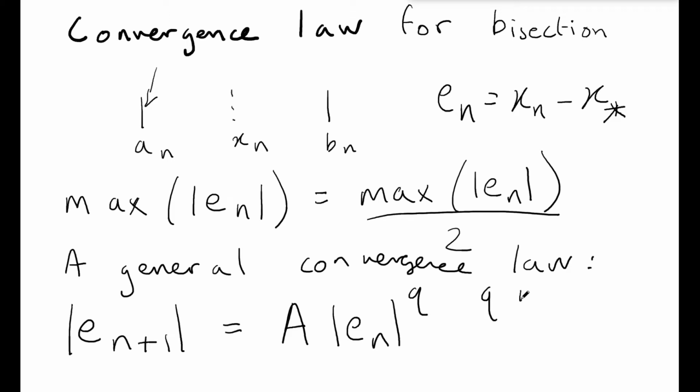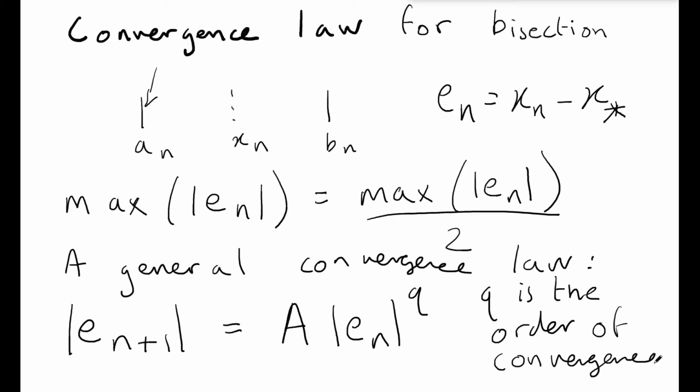And q is the order of convergence, right? The key idea, and why it's important, is the greater q is, the faster convergence is. If we compare with this law for the maximum error, there's no power here, or there's a power of 1, shall we say. So this is linear convergence.